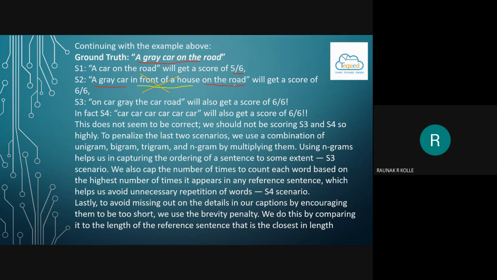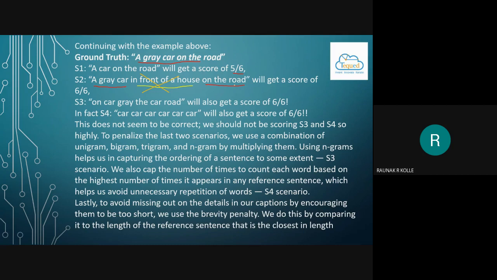Sentence 3 has on car grey car road. This will also get a score of 6 out of 6. And sentence 4, which is car car car car car car, will also score 6 out of 6.